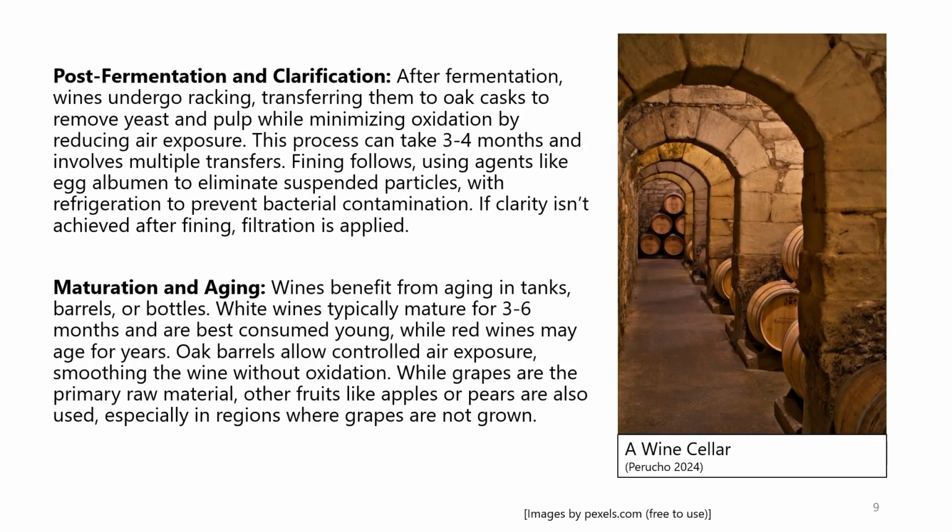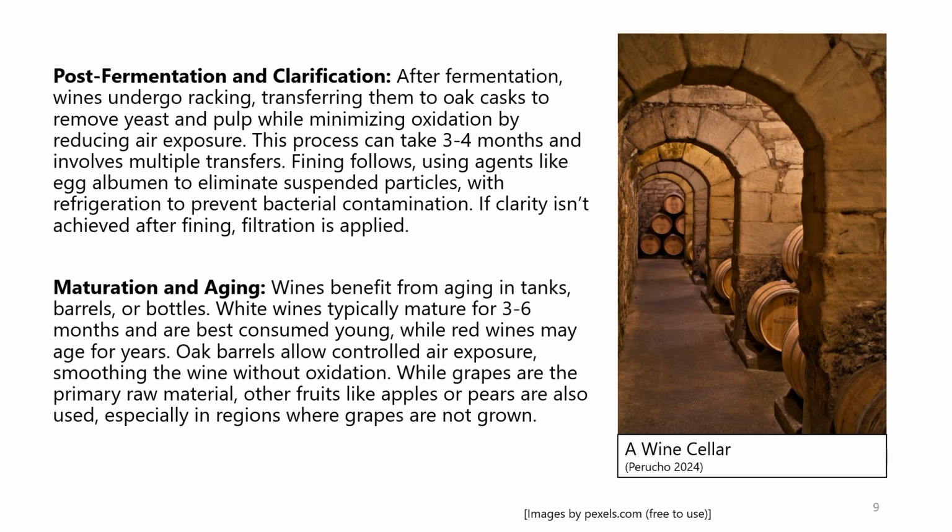Maturation and aging are also important for improving the quality of wines. Wines benefit from aging in tanks, barrels or bottles. White wines typically mature for 3 to 6 months and are best consumed fresh or young, while red wines may age for years. Oak barrels allow controlled air exposure, smoothing the wine without oxidation.